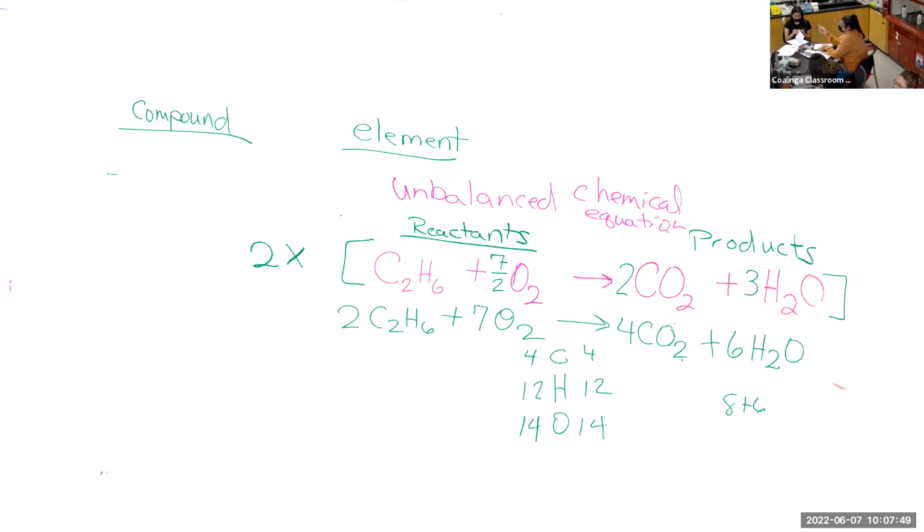Everybody got a picture of this? This is where I did 14. So with combustion, are you going to times it by 2? It's not always, you can't make that assumption. It's a good question, it's okay to ask. You can't make that assumption, it just depends on the question.